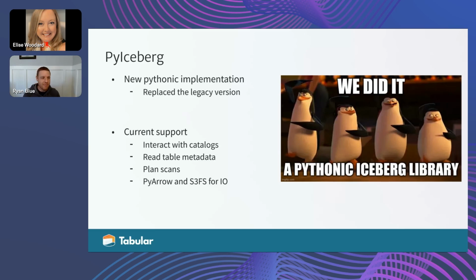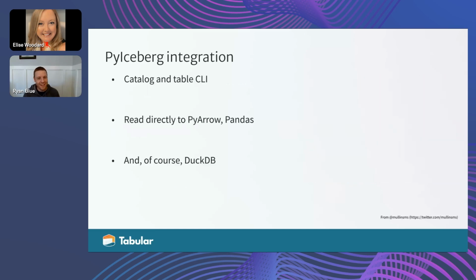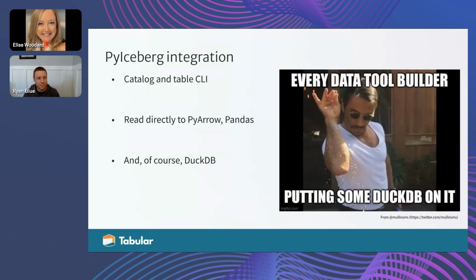Now, it's not just that you can plan scans. There are actually some really great ways that you can interact with Iceberg tables in PyIceberg. So I briefly mentioned that there's a CLI now, and PyIceberg is actually one of the easiest ways to interact with a catalog and explore it.